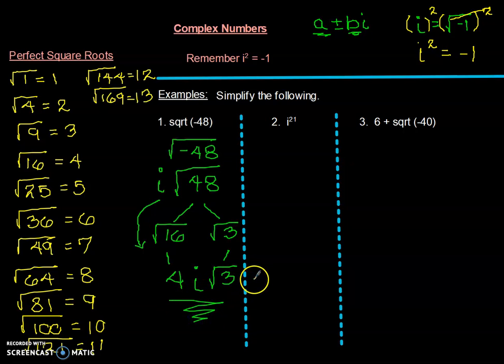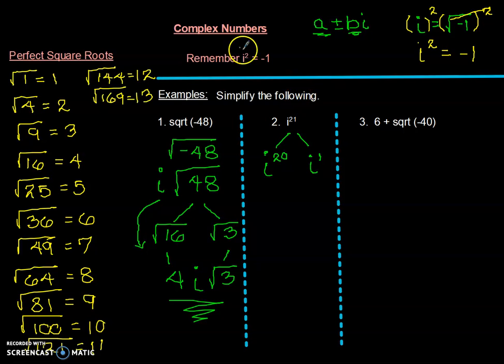Now, let's say that they ask you to simplify i to the 21st power. What I want you to do is take the closest even number that's less than 21, which is 20. That leaves you with one i left over, so i to the first power. So why am I doing this?